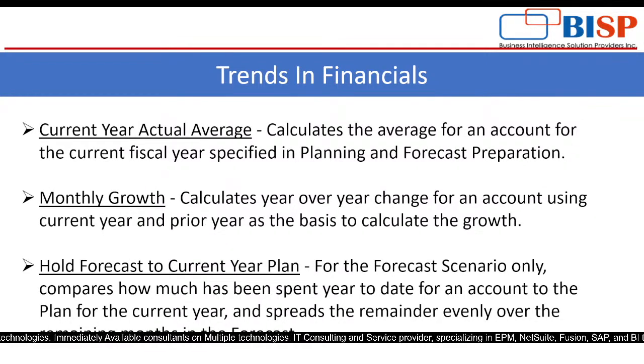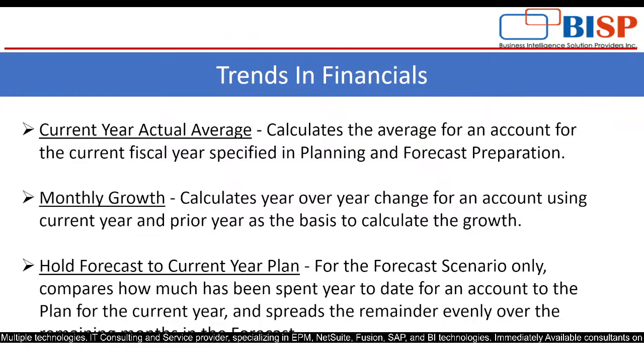So now we will see trends in financials. Here we have covered three methods of trend analysis. First one is the current year actual average, which calculates the average of an account for the current fiscal year specified in planning and forecast preparation. Then secondly, we have the monthly growth, which calculates year-over-year changes for an account using current year and prior year as the basis to calculate the growth.